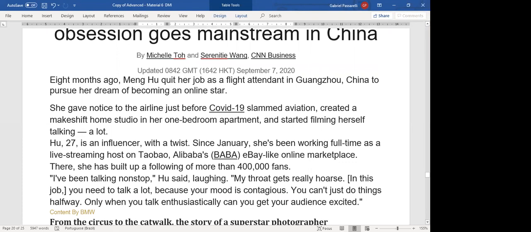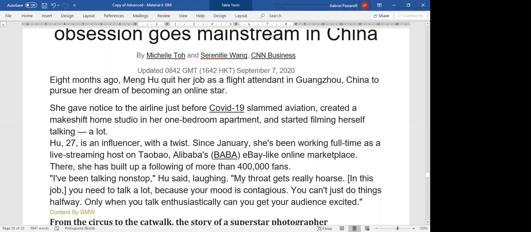Who, 27, is an influencer with a twist. Since January, she's been working full-time as a live streaming host on Taobao, Alibaba's eBay-like online marketplace. There, she has built up a following of more than 400,000 fans.